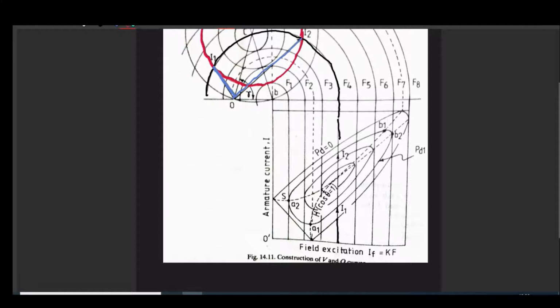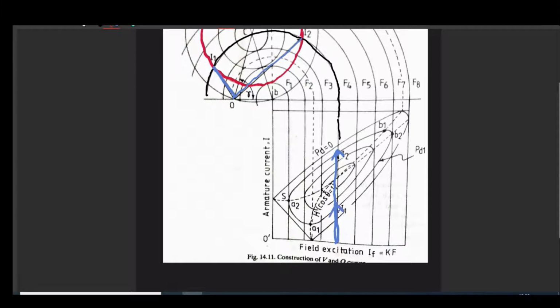Now for these two values, for I2, what value will you get here? For I2 you will get one point like this. For I1 you will get another point. Here the magnitude is 0, so from this you just follow I2 and then draw I1.